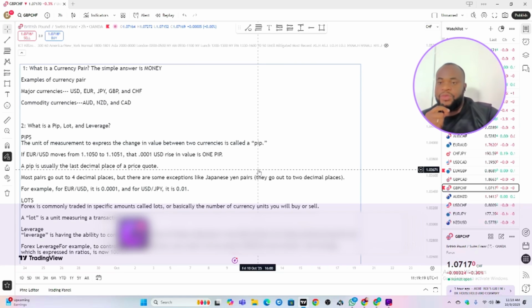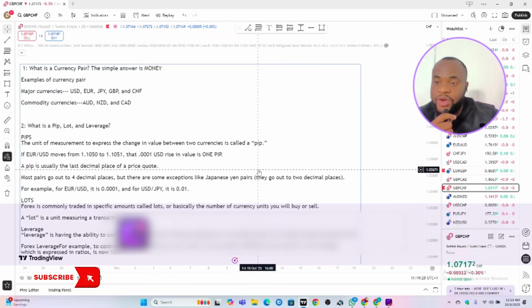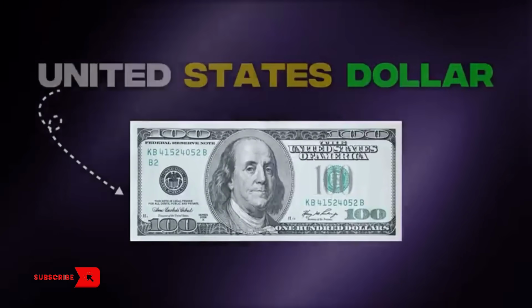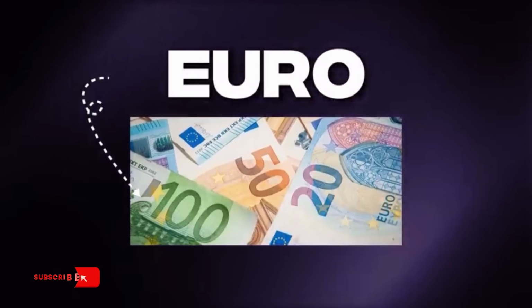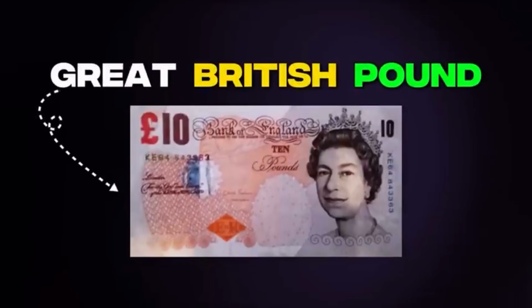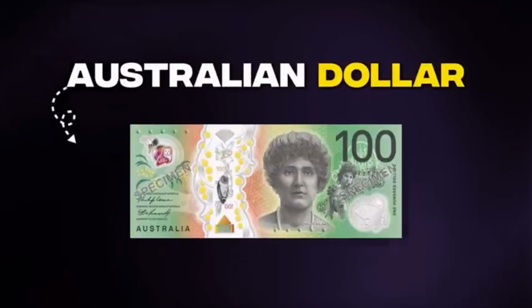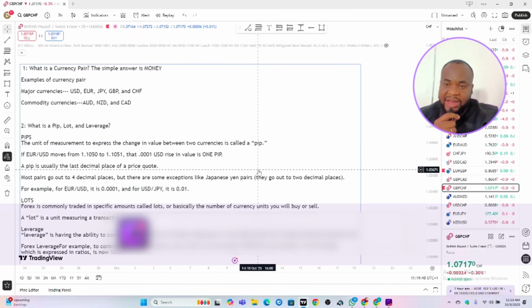So examples of currency pairs. We have two different types: the major currencies and the commodity currencies. The major currencies are the USD, the euros, the JPY, that's the Japanese yen, the Great British pounds, and the Swiss franc. And we have the commodity currencies, which are the AUD, the Australian dollar, the NZD, New Zealand dollar, and the CAD, the Canadian dollar.